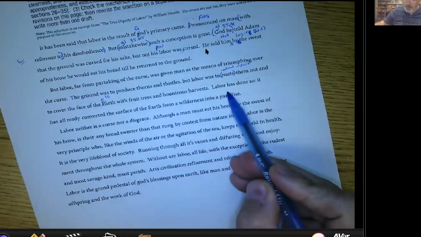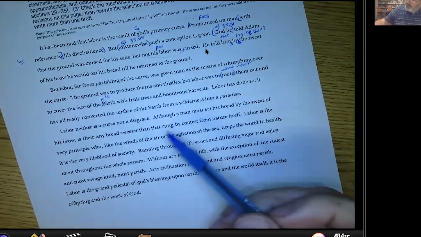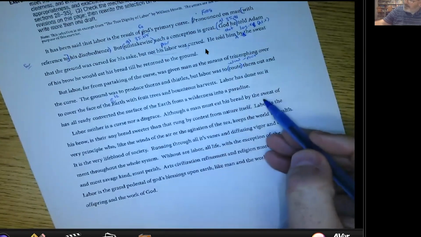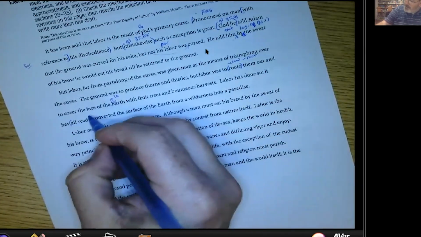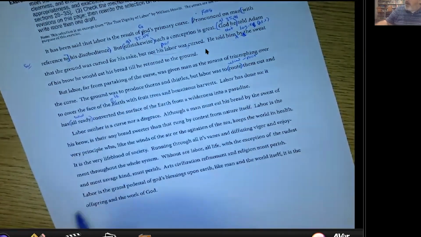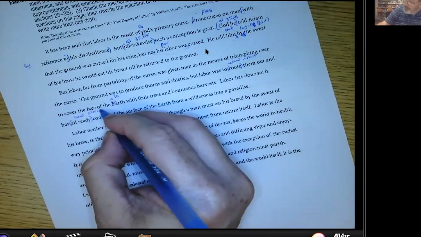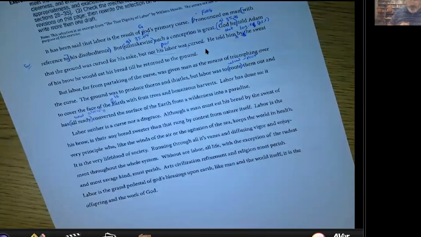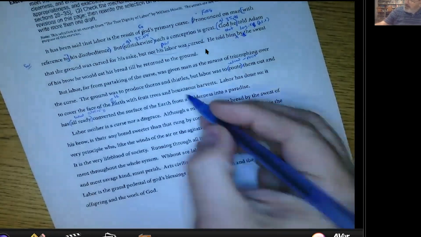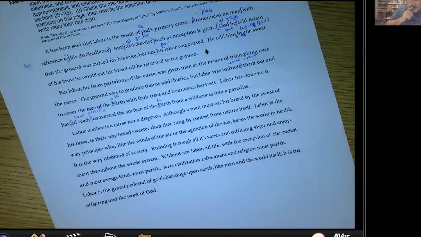All right. Labor has done so. It has already is misspelled. Instead of two words, it should be already, A-L-R-E-A-D-Y. Converted the surface of the earth. Again, that should be lowercase. From a wilderness into a paradise.